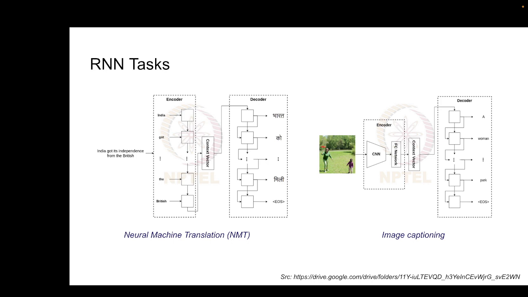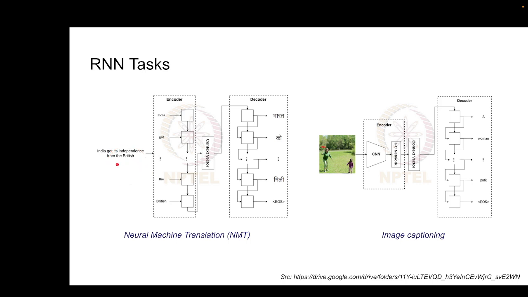What are some of the famous RNN tasks? One is neural machine translation, one is image captioning. We know about these from previous classes. Neural machine translation: suppose you have a sentence in English, India got its independence from the British.